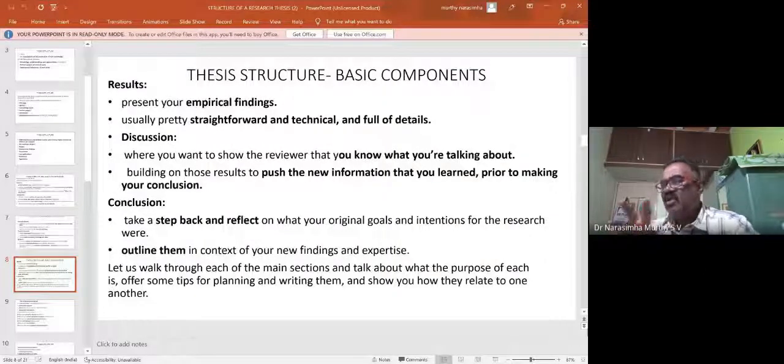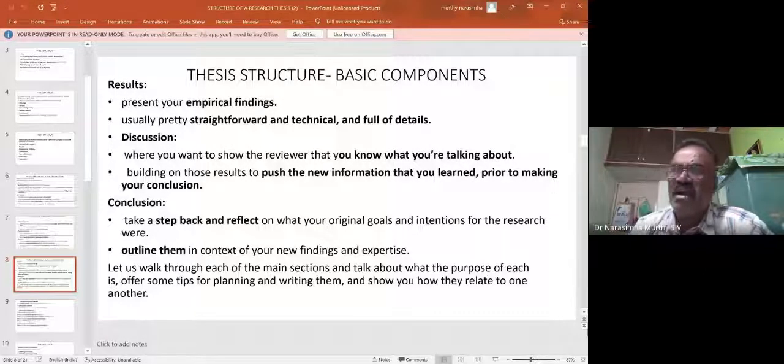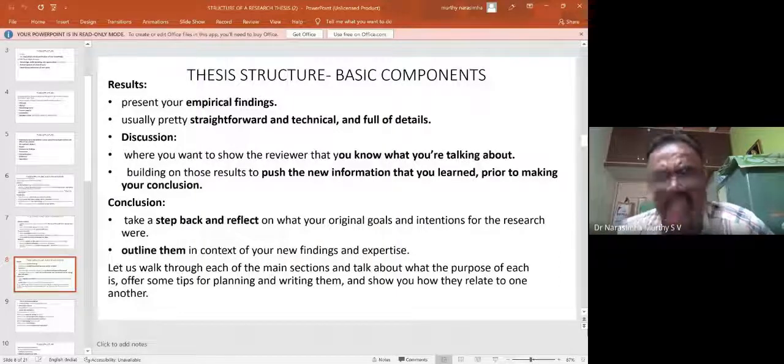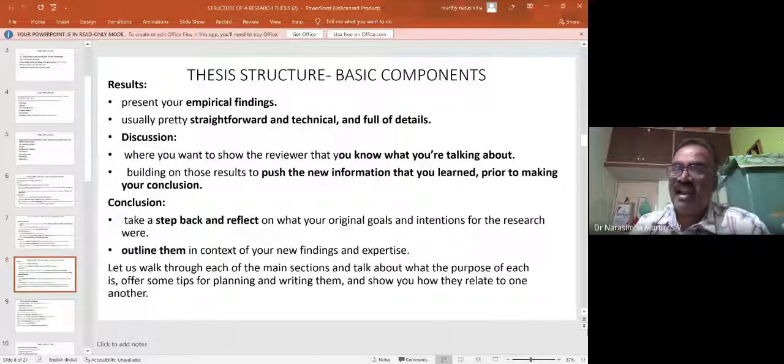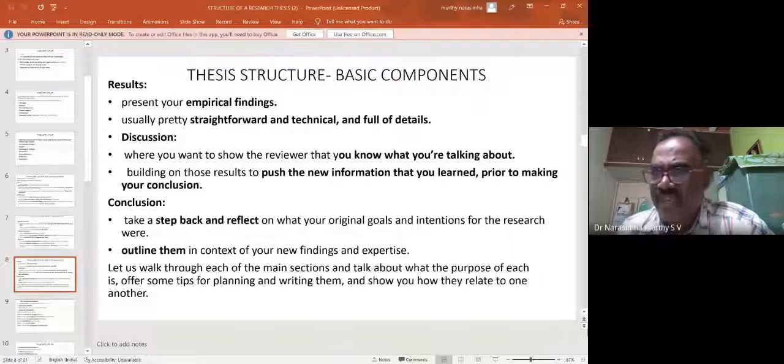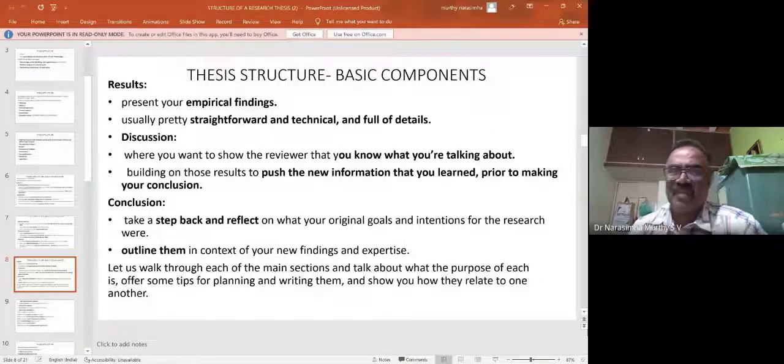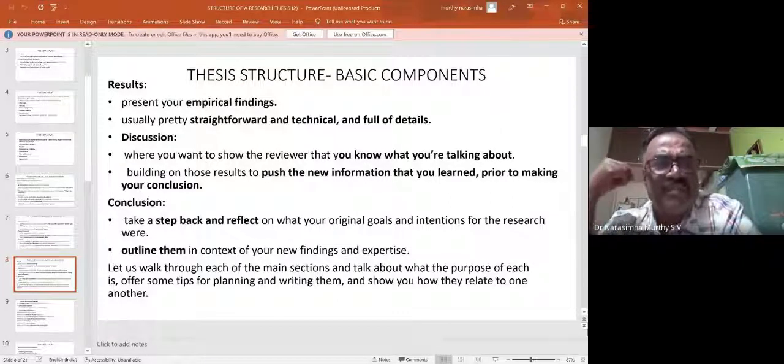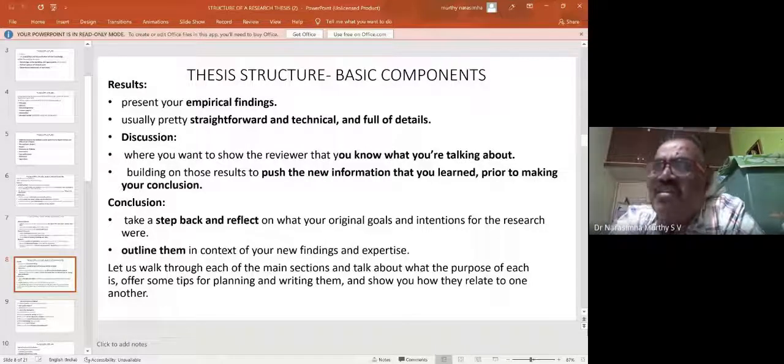So this is basically an outline or a structure of a thesis that we find in literature. See, I am very exclusive here. I'm limiting myself to literature or English language studies, particularly literature, because I come from a literature background.